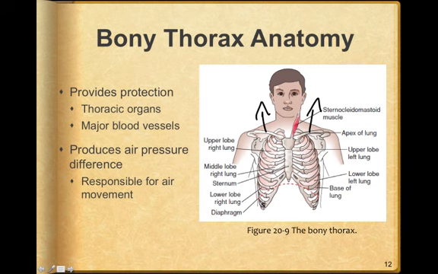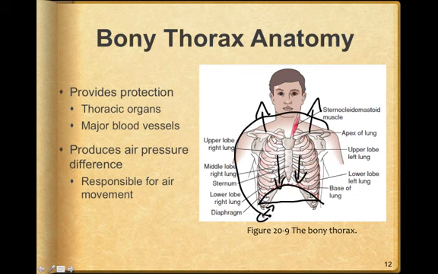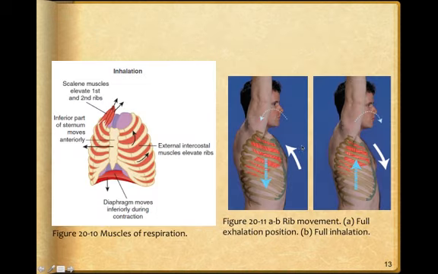Now, the primary ventilation occurs whenever the diaphragm contracts, and this would be it right here, contracted. The only thing a muscle does is shorten, and it provides negative pressure, which, with the assistance of all of the muscles that are attached to this, is what brings air in. During inhalation, the inferior part of the sternum moves anteriorly.